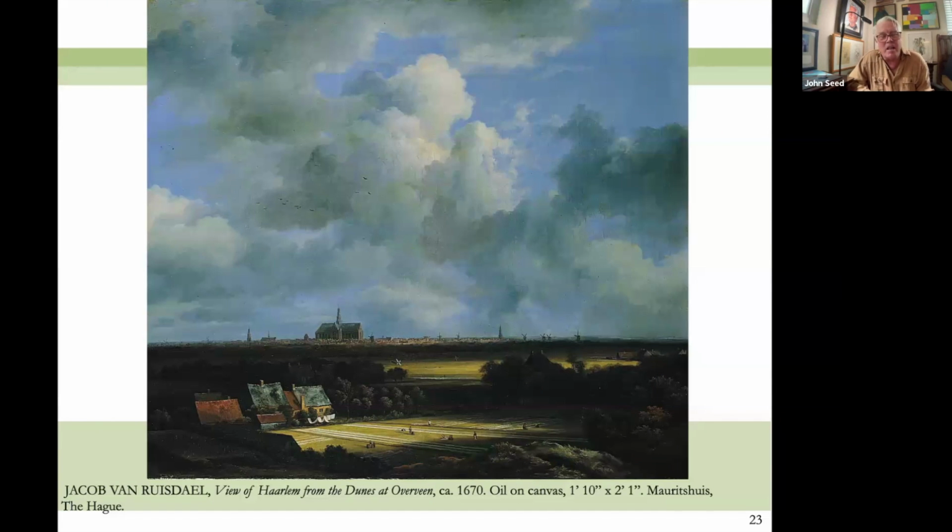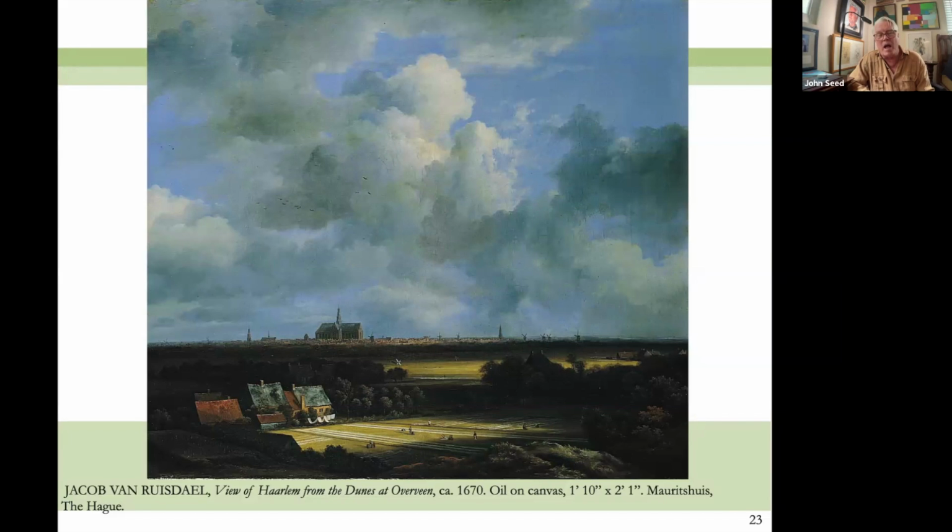The Dutch invented this skyscape. They were the first painters to really observe weather as a part of the practice of landscape painting. And of course, this was going to be exploited by other painters, especially the Impressionists in the 19th century. But look how low the horizon line is in this Van Ruisdael, one of a family of great landscape painters.